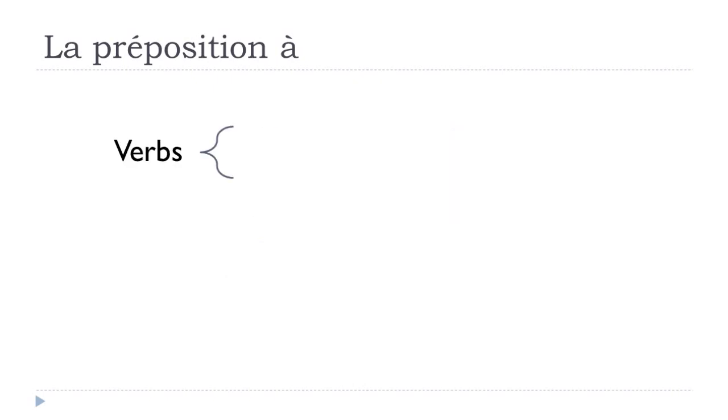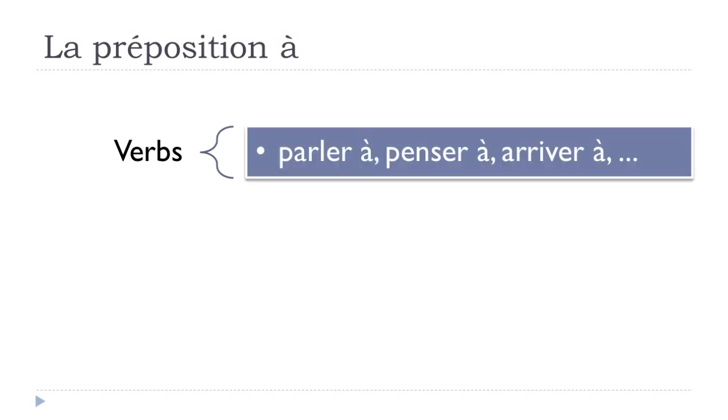Okay. So with verbs, because some verbs, and it's only examples here because we've got many verbs that will require this preposition à, okay? So, parler, parler à, to talk to. Penser à, okay, to think about someone or something. Arriver à, okay, to succeed to do something, okay?